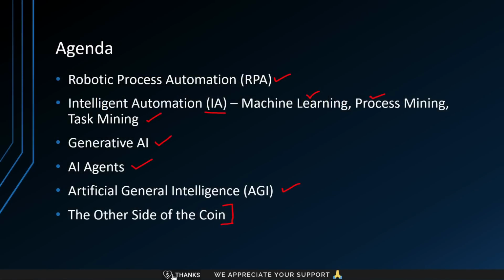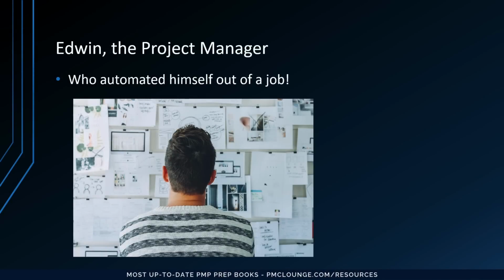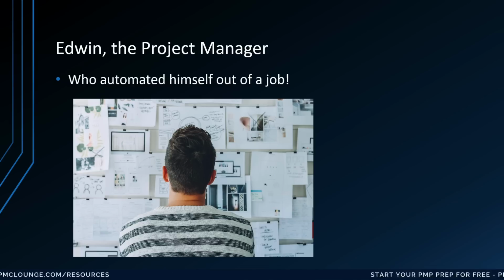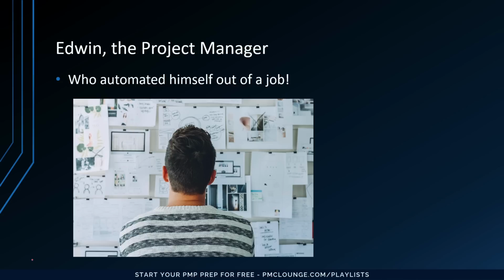By the way, as I mentioned, this is not a technical video at all. This is a brief overview, non-technical, in the form of a story, the story of a project manager named Edwin. So Edwin, the project manager, basically automated himself out of the job by making use of all these different AI concepts that I just spoke of, right?